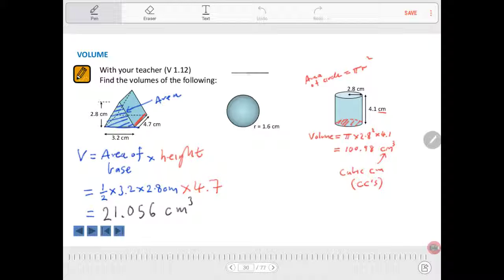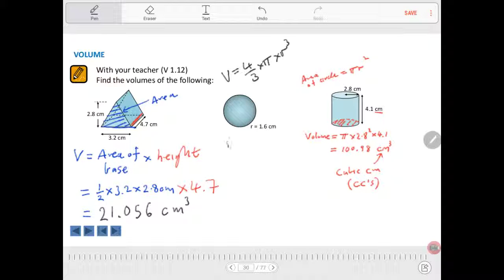So the formula is, volume for a sphere is 4/3 times pi times r cubed, r to the power of 3. So there's a couple of things that might be tricky to put into the calculator. See if you can get it to work. So 4/3 times pi, now times the radius, which is 1.6 to the power of 3. Okay, so I'm going to put that into the calculator now.